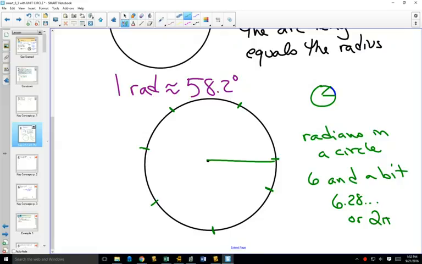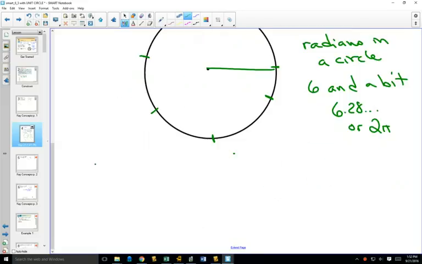The radius times 2 pi is equivalent to the circumference. Okay, that's important to say, that we know that our circumference is 2 pi r, or 2 pi times the radius.